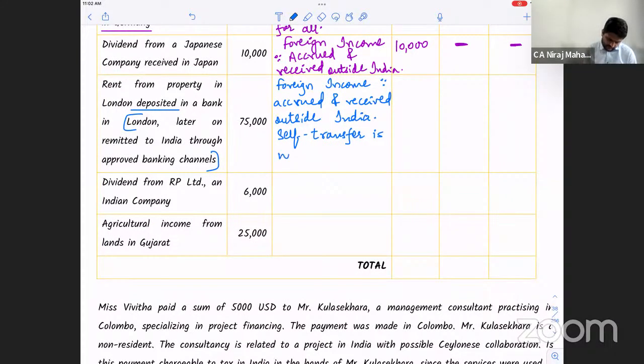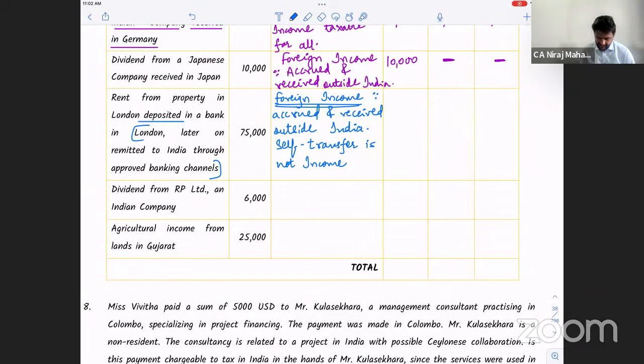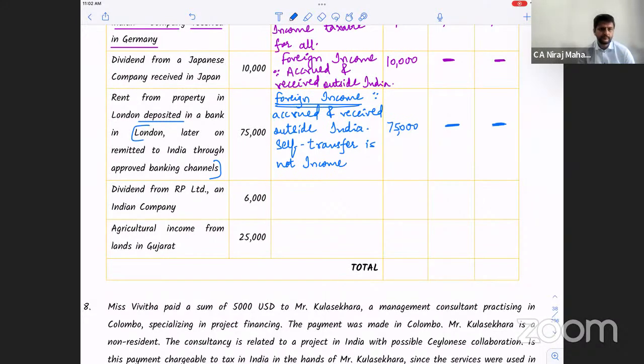Self-transfer is not income. Answer is foreign income, taxable for ROR, 75,000. Remaining 2, not taxable. Clear? Husband to wife will not be income. For maintenance or relative, not.